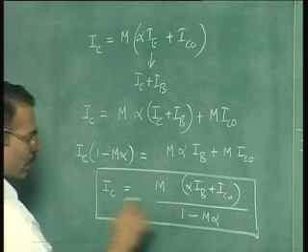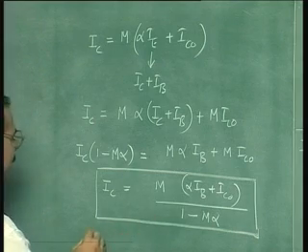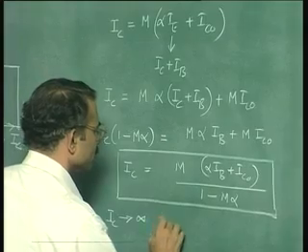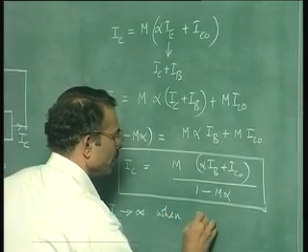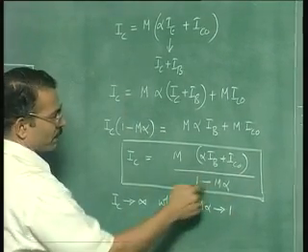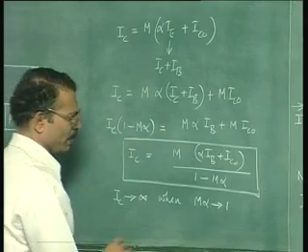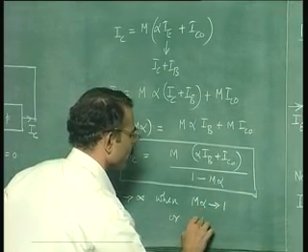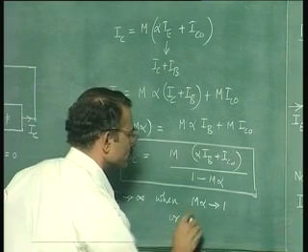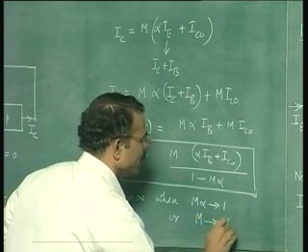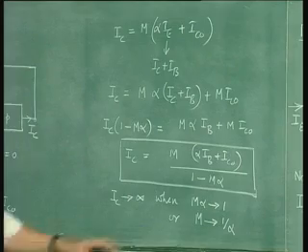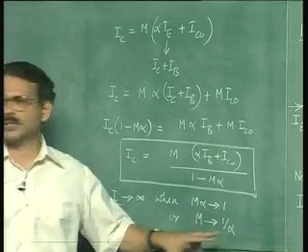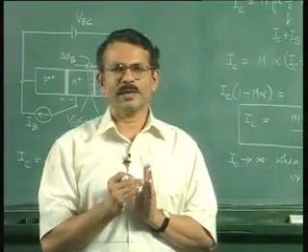So now coming back to breakdown, here we see that IC tends to infinity when M alpha tends to 1 in this new denominator, or this is the same as saying M tends to 1 by alpha. So whenever M tends to 1 by alpha, please note that alpha is very close to 1 but less than 1.